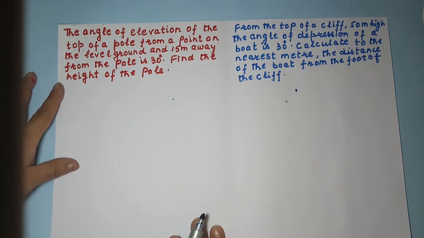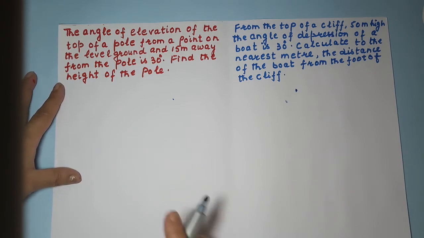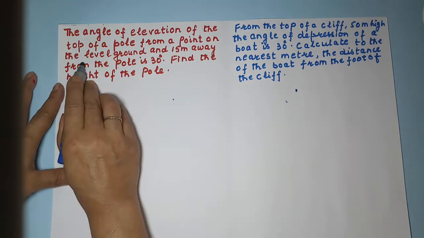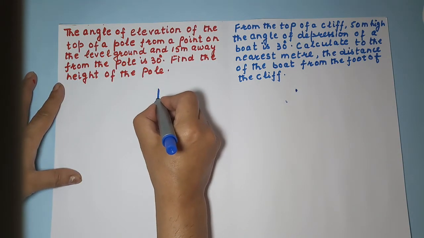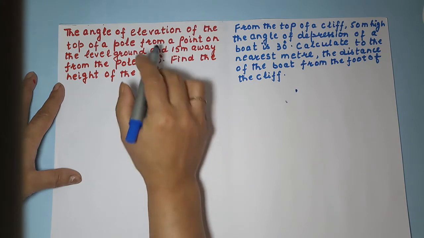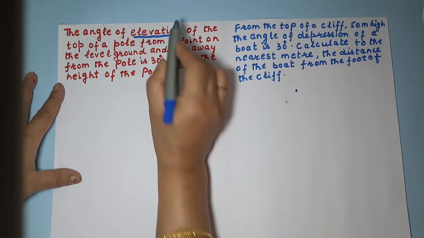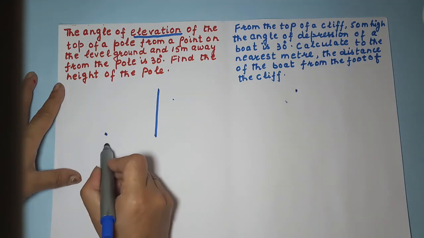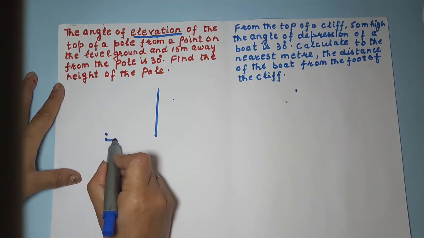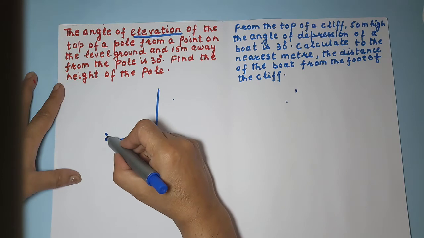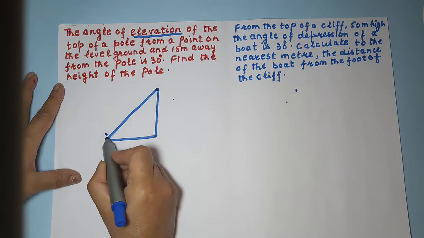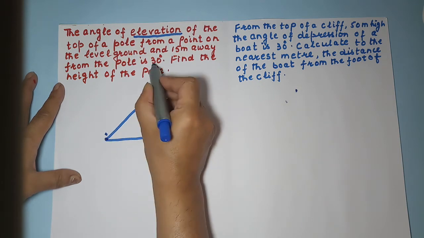He is saying that the angle of elevation of the top of the pole from a point on the level ground. So, we have a pole here. He is talking about the angle of elevation. So, let's consider a point here, and the angle of elevation from this point to the top of the pole is 30 degrees.